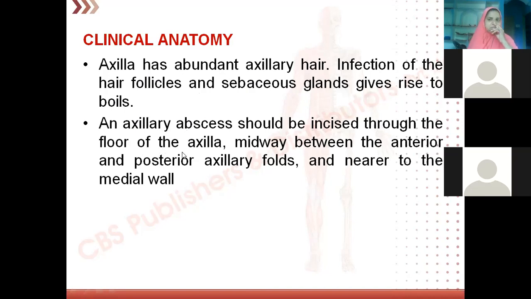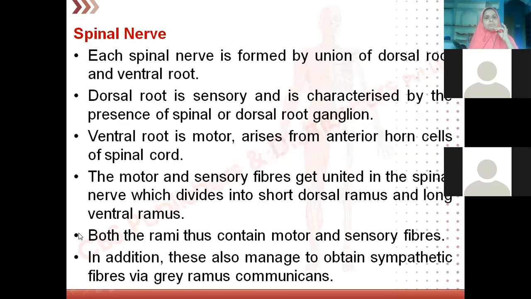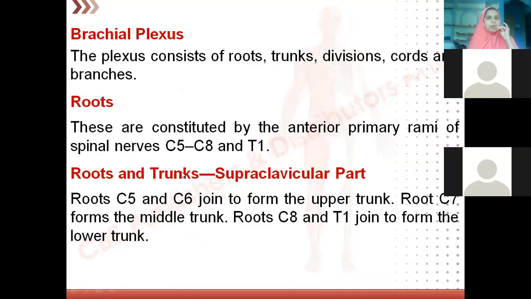Okay, that means an incision has to be given between the anterior and posterior axillary fold. Anterior fold is formed by pectoralis major muscle, posterior is formed by subscapularis. So between these two muscles, we have to give one incision and to drain the pus. Okay, and the incision should go near to the medial wall. Brachial plexus, I'll take as a separate class.